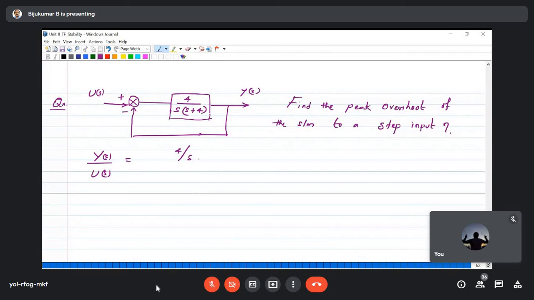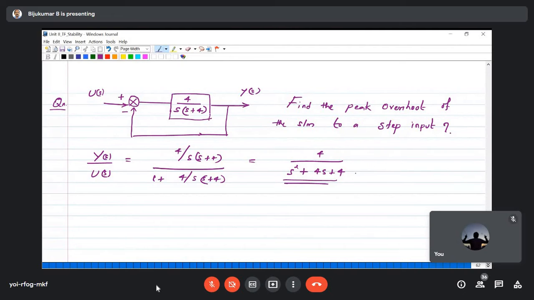So this is G(s)... Finally, we get 4 divided by s square plus 4s plus 4.